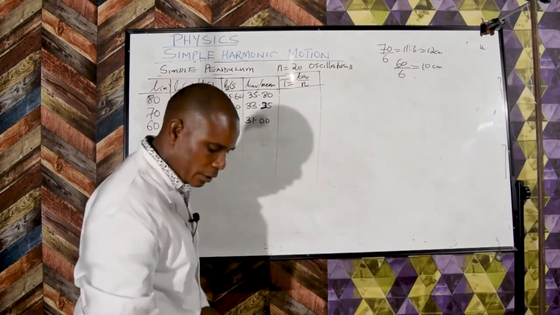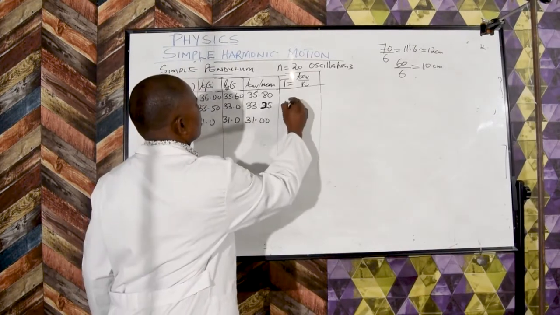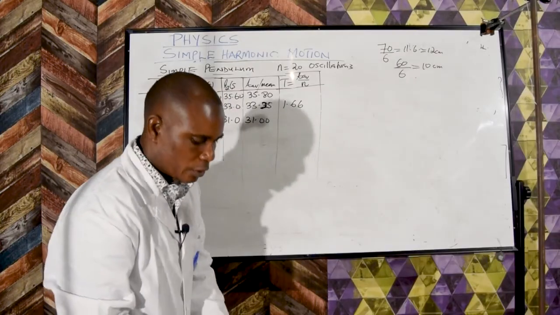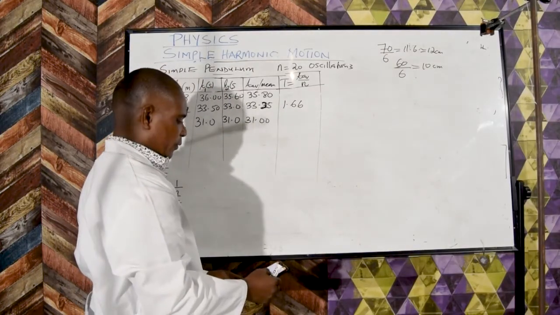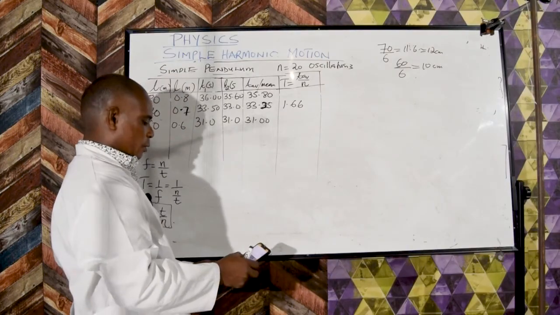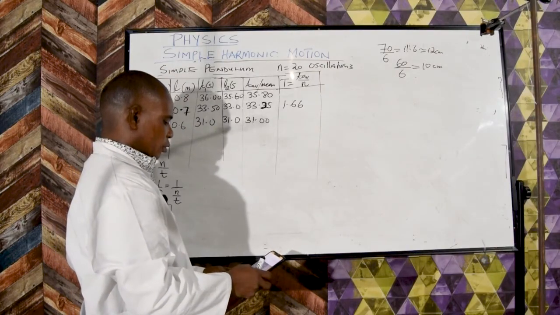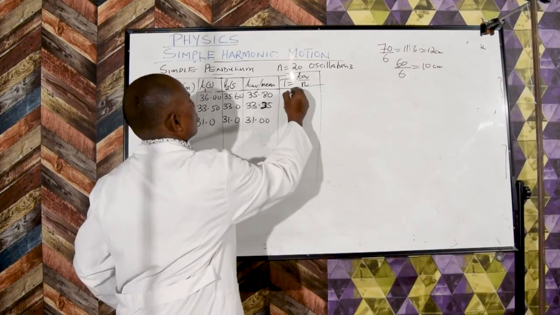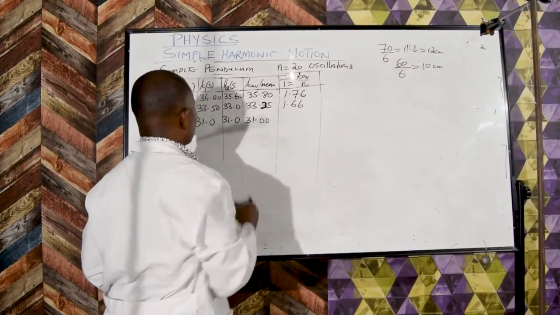I go back there. This is 1.66, so there was an error somewhere. I had given a wrong figure. 35.80 divided by 20 is 1.76. All right, so now I come back here.